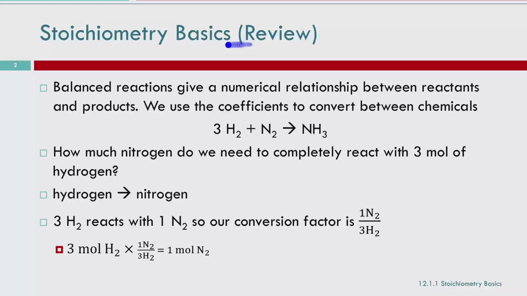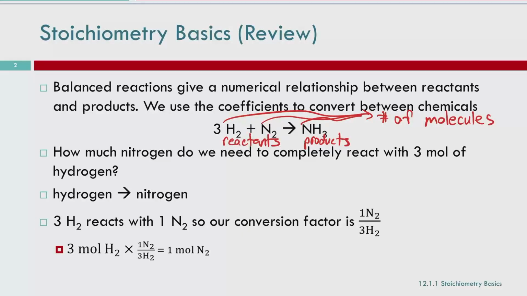So the basics of stoichiometry. Balanced chemical reactions, like this one given down below, give us a numerical relationship between reactants, things on the left side, and products, things on the right side. Good review. And these numbers, these are all molecules, or they can all count as molecules, number of molecules of those things.